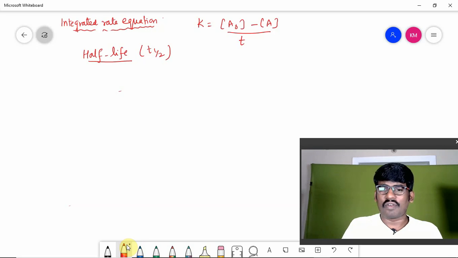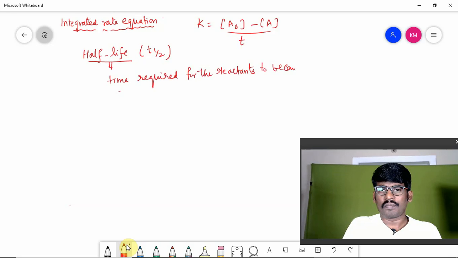What is this half-life? Half-life is the time required for the reactants to become half of its concentration.